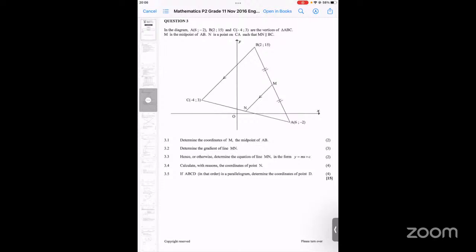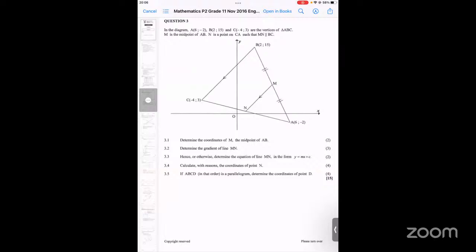So now let's see. Question number 3, it says in the diagram we are having point A having the coordinates of 6 and -2, and then B, it has 2 and 15, and C having the coordinates of -4 and 3.